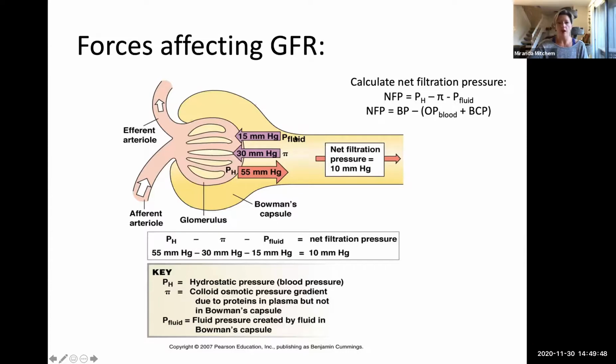And then we have this other 15 millimeters of mercury that needs to be subtracted too. And this is the pressure created by the fluid moving in Bowman's capsule. So once we take out the two opposing pressure forces, it leaves us with a net filtration pressure of about 10 millimeters of mercury. And that is sufficient to do the job.